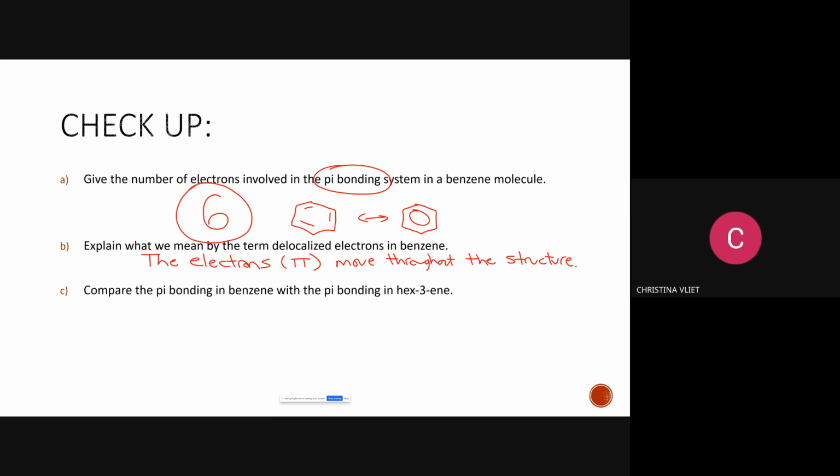And so how would we compare that bonding versus hexatriene, which is this? How would we compare? So benzene has conjugated double bonds, that's right. Or you could say alternating double bonds.